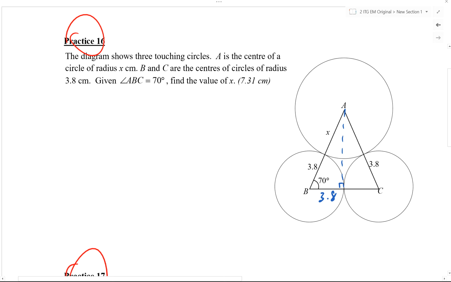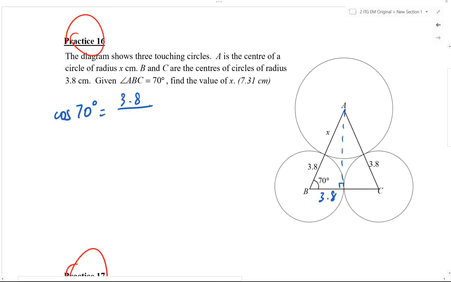Okay, yeah, it's the radius because these are circles, so I know it is 3.8. But what is the side of this triangle known as? Adjacent, okay? And my x is found inside the hypotenuse. Adjacent and hypotenuse, which Trigo ratio? Cosine 70 degrees is adjacent, which is 3.8, divided by hypotenuse.